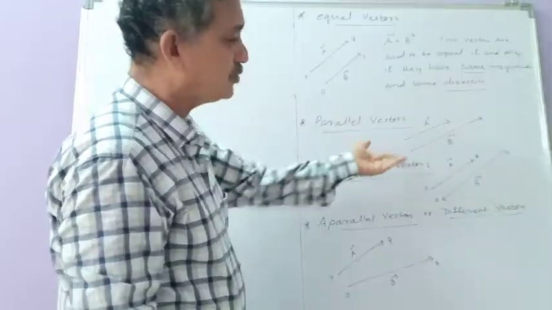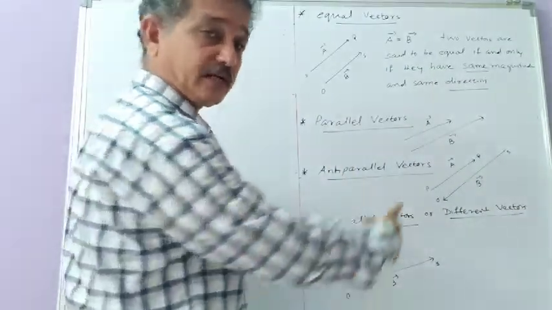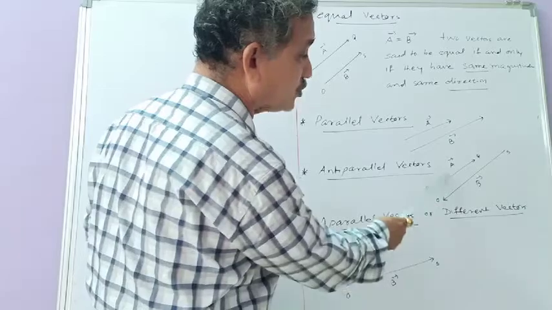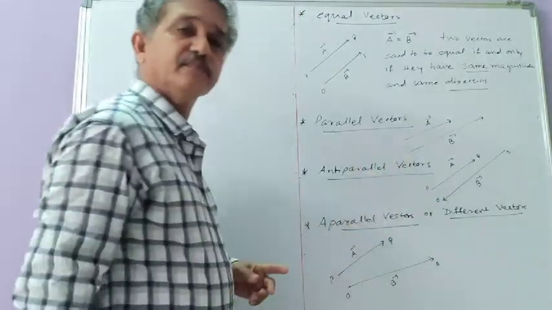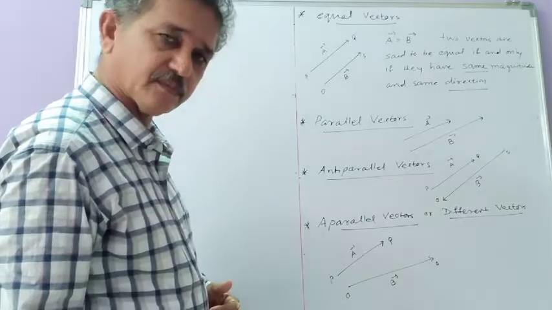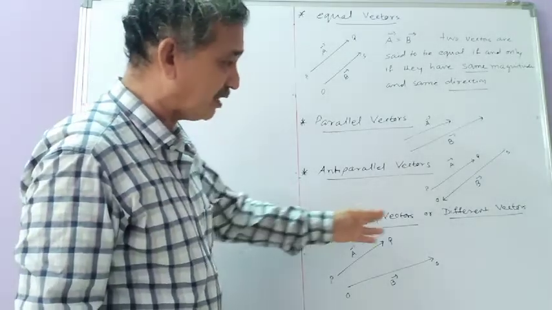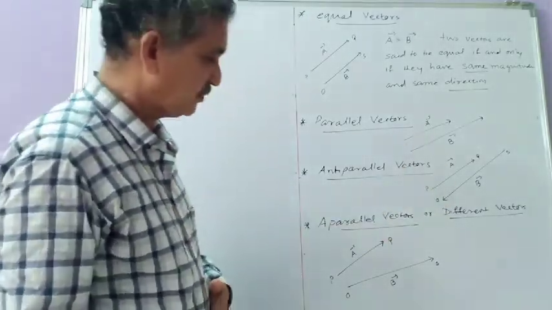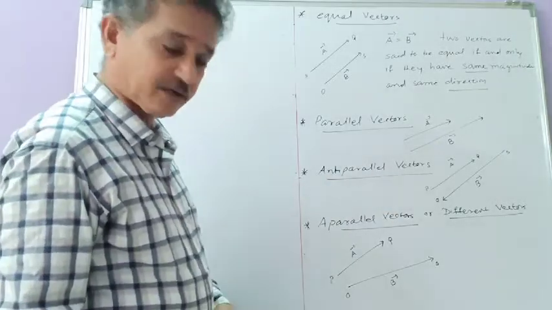Anti-parallel vectors, just opposite to this. If two vectors have mutually opposite directions, then they are said to be what? Anti-parallel vectors. Then the next category is aparallel vectors or different vectors. What are different vectors?